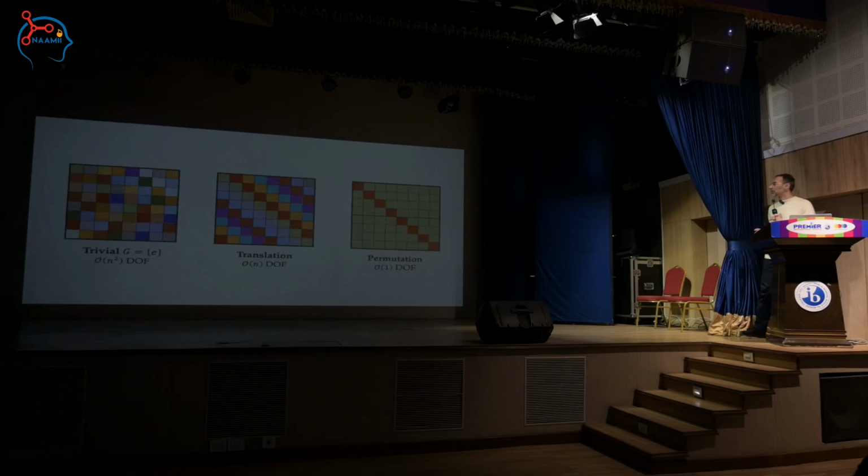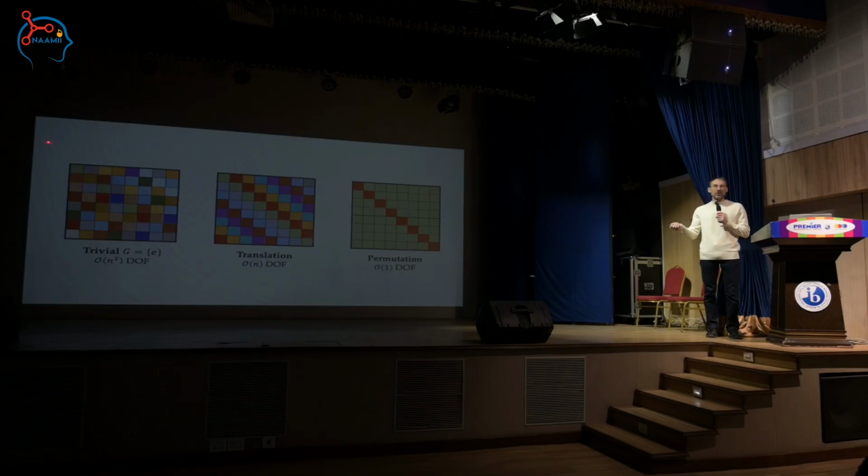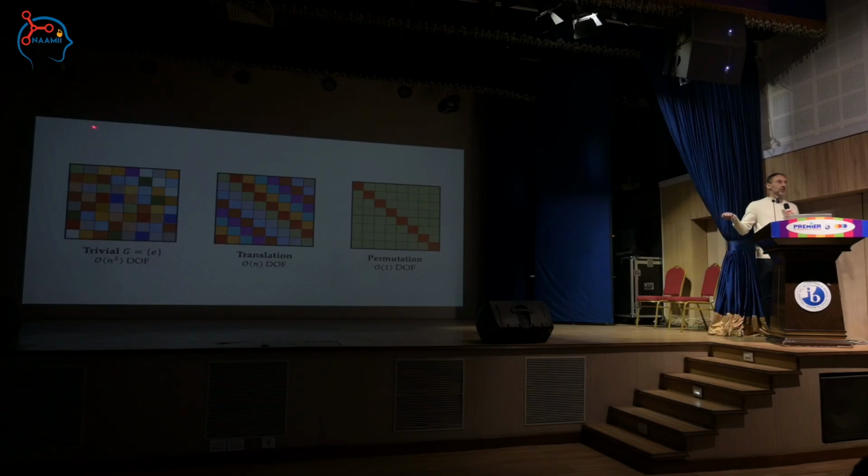Now, I already mentioned the number of degrees of freedom. If we don't have any symmetry, when our group is trivial and contains just the identity element, then we don't constrain the elements of our matrix, so it can be anything. So we have n squared degrees of freedom. On the other hand, we remember our discussion about sets, and the same thing also works for graphs.